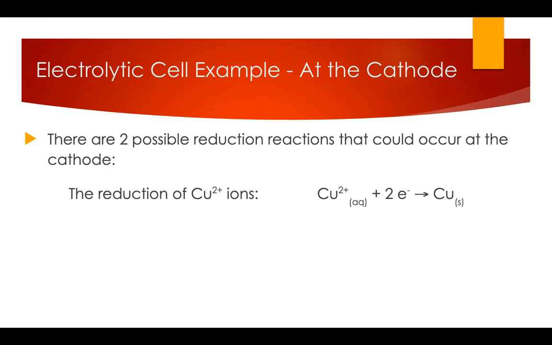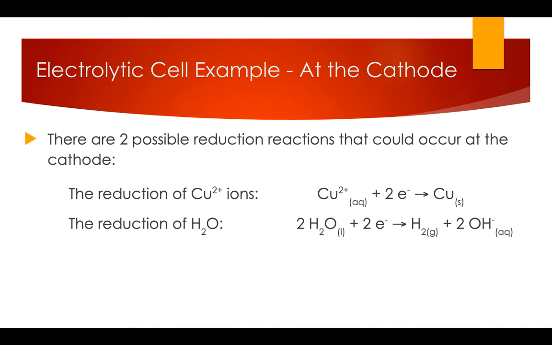But remember that the electrolyte is an ionic compound dissolved in water, so water itself could also be reduced. The reaction for the reduction of water is given here: 2 water molecules and 2 electrons get converted into hydrogen gas and hydroxide ions. So those two things could occur. There are ways to calculate which would occur, but that's beyond the scope of this video.